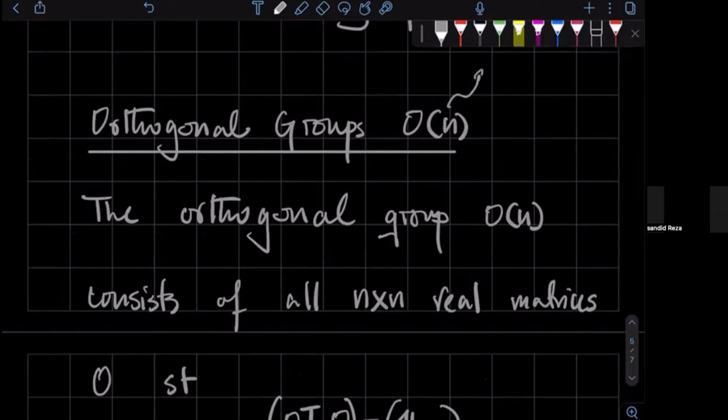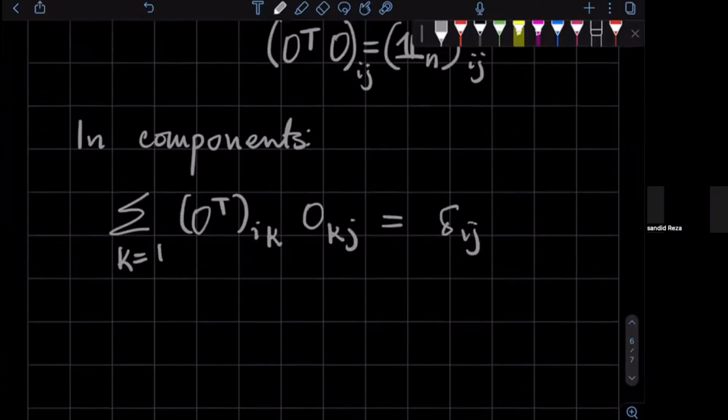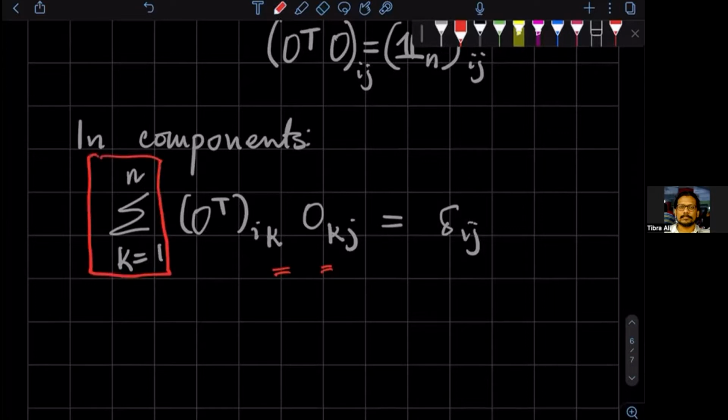There's no 3 here. These are n by n matrices. So what is the upper limit? Right, so the upper limit is n. So the Einstein summation convention basically says that whenever there is an index which is repeated, this summation is implied, right?